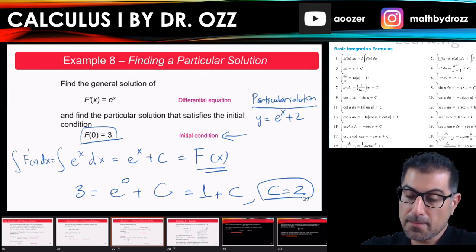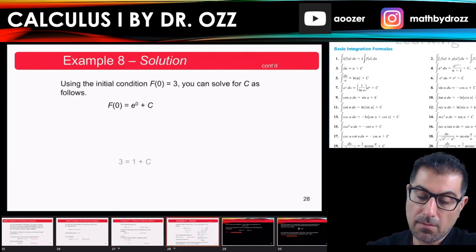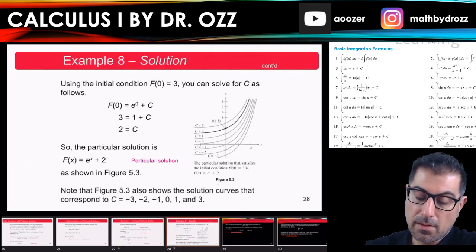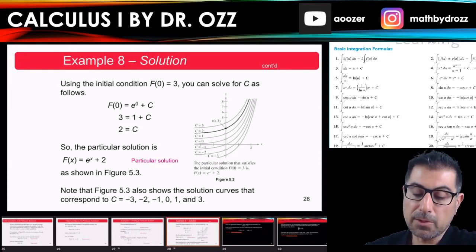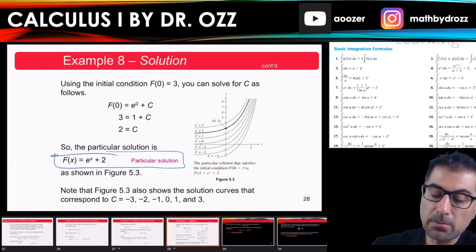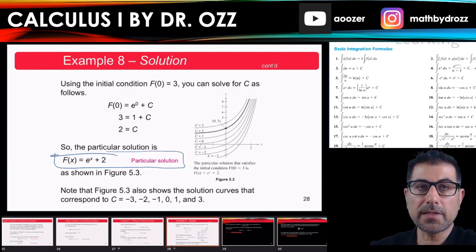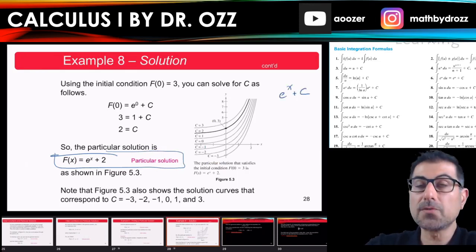All right. Let me just clean this up. What if you have different initial conditions? In fact, the family of curves versus the particular solution, just pay attention to that. The family of curves were in the form e to the x plus the arbitrary constant.